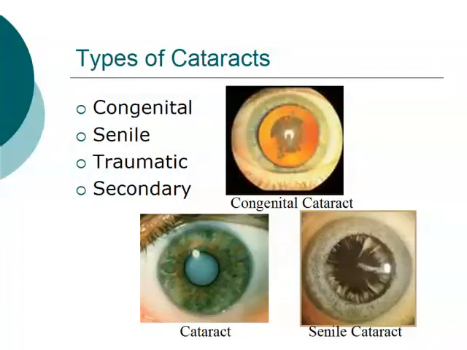Safety precautions are important for patients in a work environment where there's risk for trauma to the eyes due to work hazards. Cataracts can also form due to secondary causes, for example certain eye diseases, diabetes, shingles, herpes, steroid medications, and the nutritional deficits we talked about earlier.